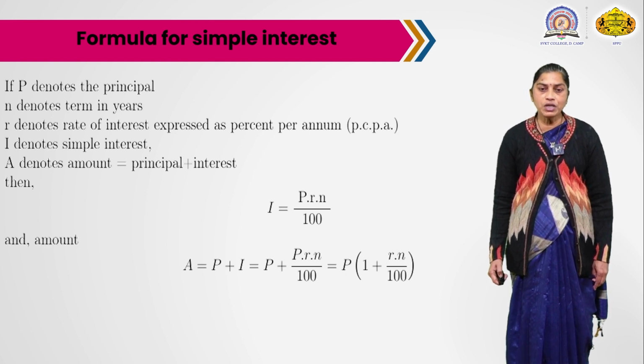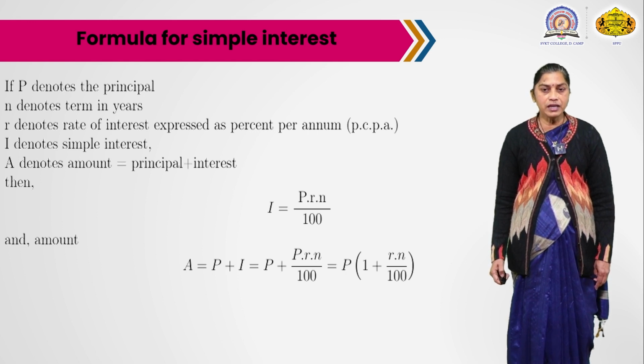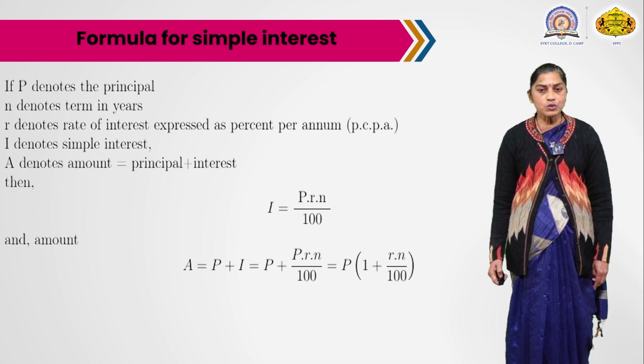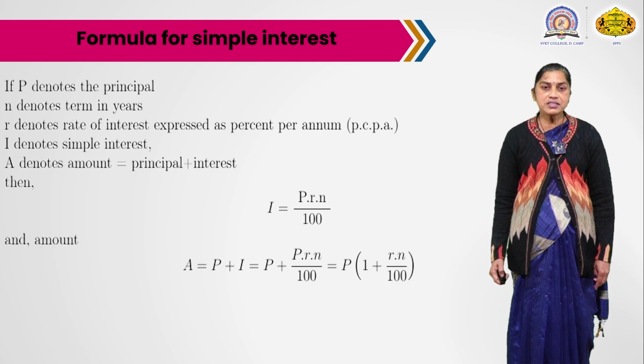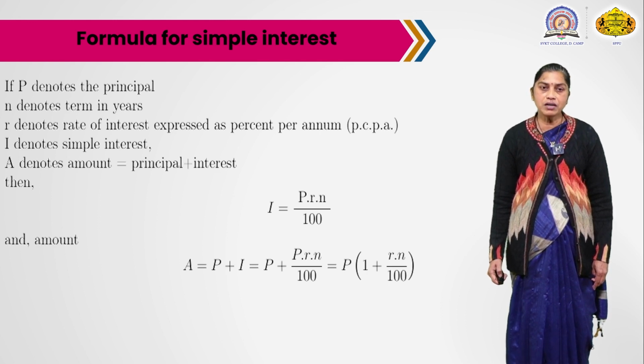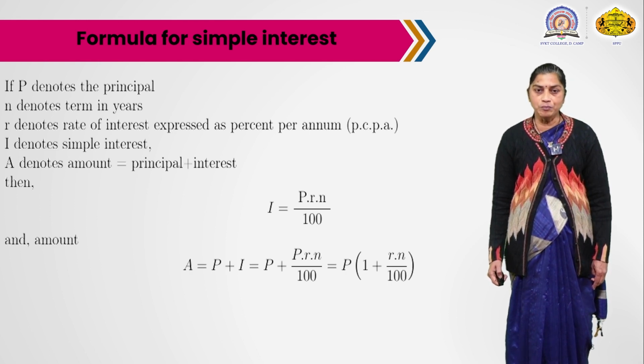If you put the formula for interest, it becomes P plus PRN by 100. Take P common from both the terms. So, in bracket 1 plus RN by 100. So, the amount can be calculated by the formula A is equal to P into bracket 1 plus RN by 100. Remember that R is always percent per annum and N, that is term, should be in years. That is the main important thing.